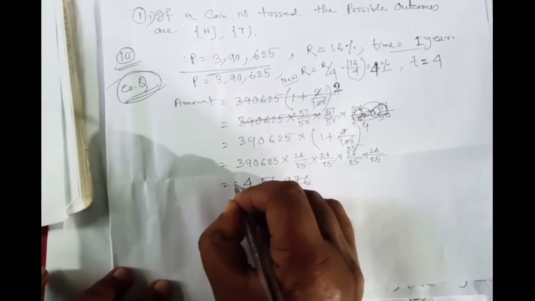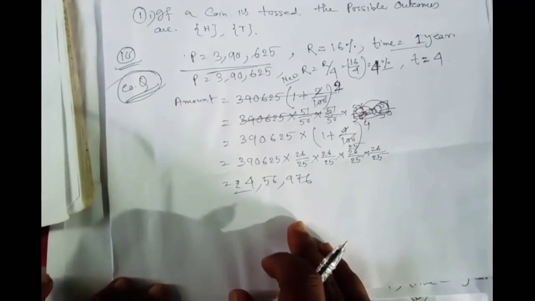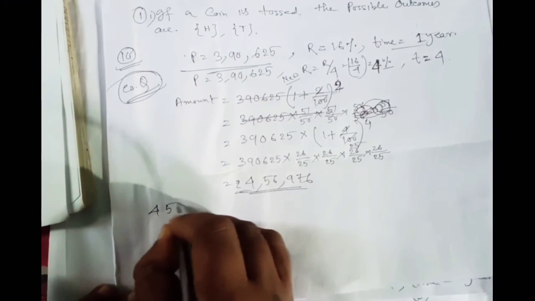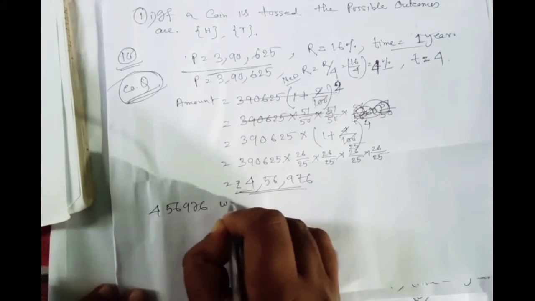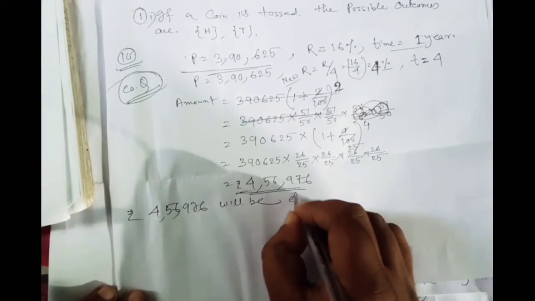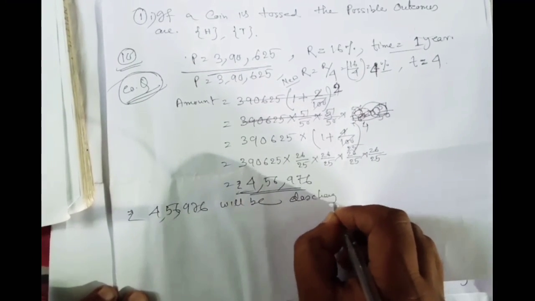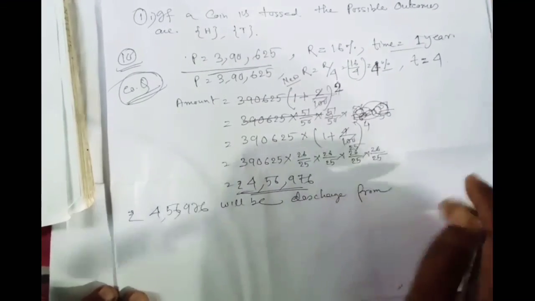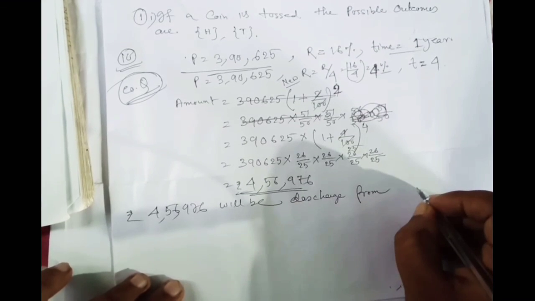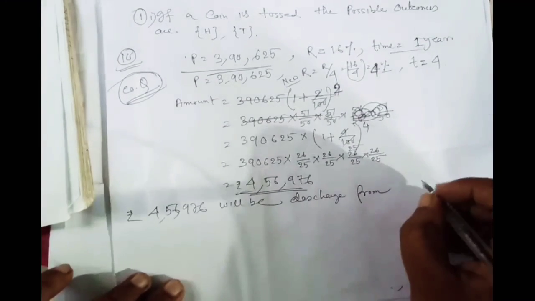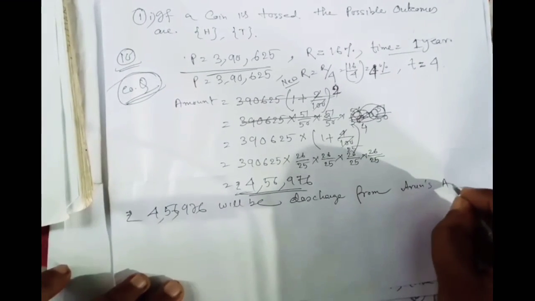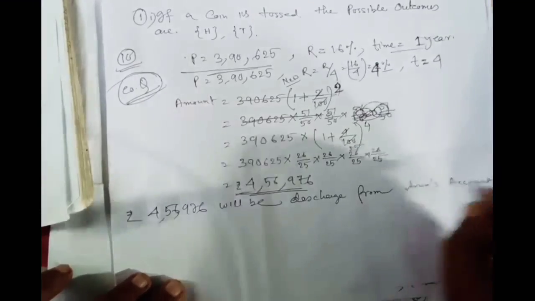So that will be the amount, this amount, that is 4,56,976, will be discharged from Arun's account after 1 year.